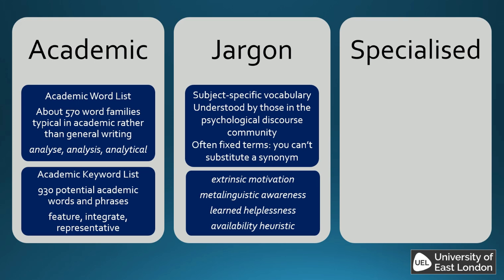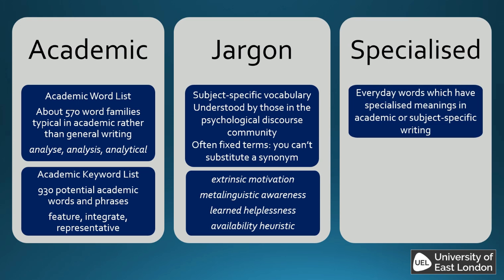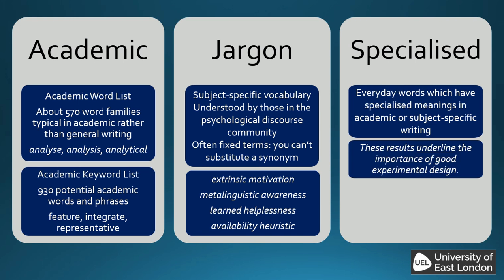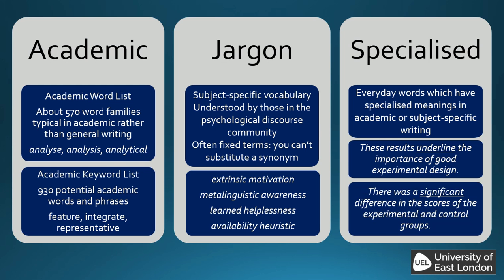We also need to be aware that in academic writing, sometimes words with everyday meanings can be used with more specialized meanings, such as underline, used metaphorically to emphasize a point, or significant, which specifically relates to a statistical property rather than the everyday meaning of important or large.